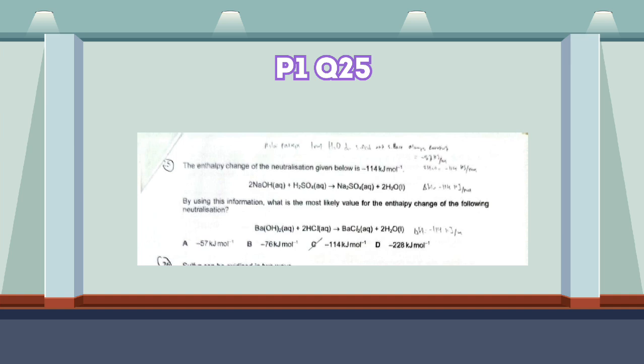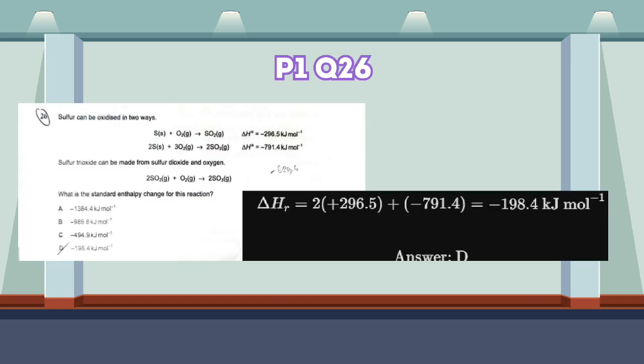For the second equation, it is still 2H2O, and then the answer is the same. The answer is minus 114 kilojoule per mole.